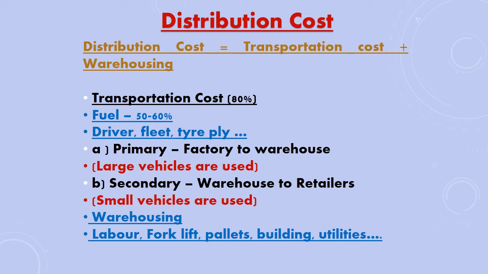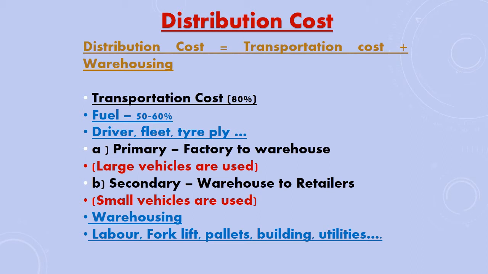So if I further break down the transportation costs, it comes out to be 80%. And out of this 80%, fuel is covering around 50 to 60%. So that you can understand that fuel efficiency is very significant for a transportation or logistics manager to use its equipment in a very systematic and efficient way, right?